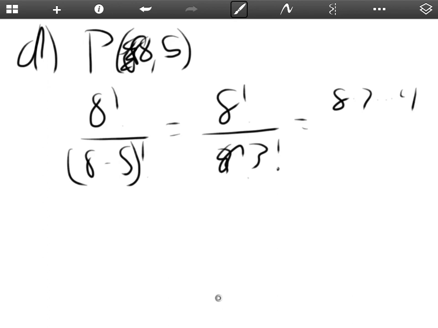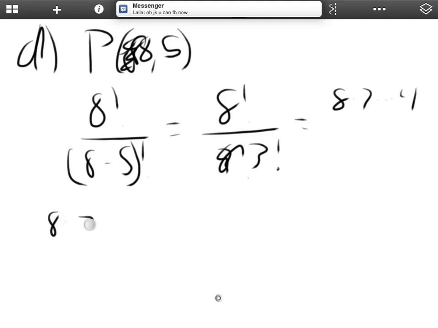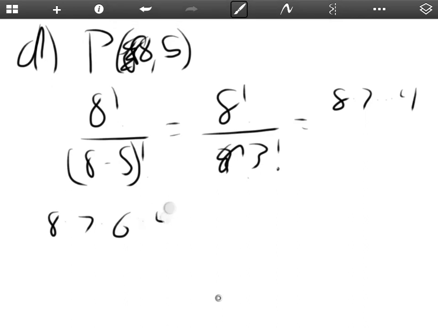Right, and so 8 times 7 times 6 times 5 times 4 is, let's see if we can do some simple, times 5 times 4 is 20 times 42. Oh, that's not going to be easy at all.